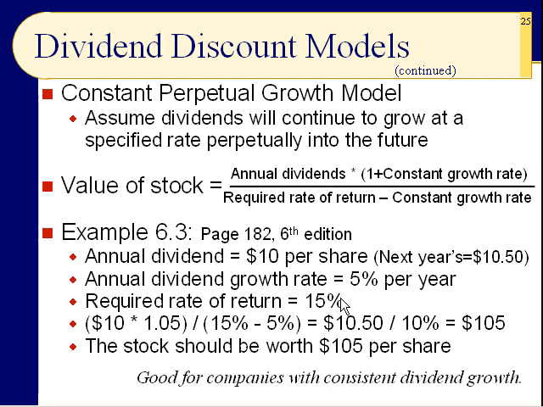Now, if again we expect 15%, which I think is way too much, dear students, 15% minus 5% in the bottom, that's 10%, 0.1. You take $10.50 divided by 0.1, 10%, and you get $105. We believe the stock should be worth $105 per share.